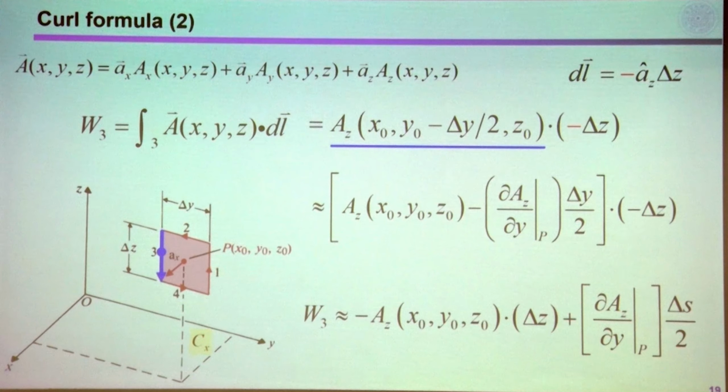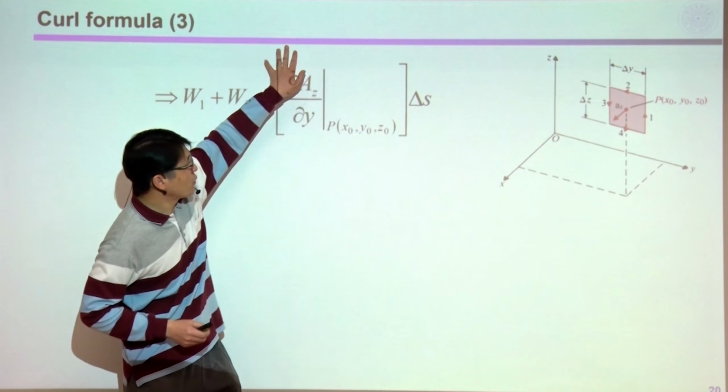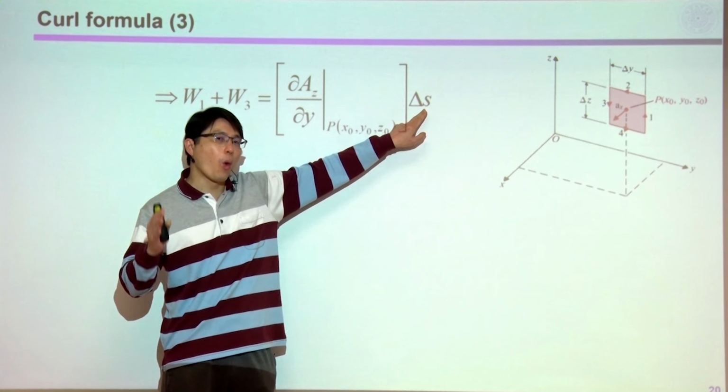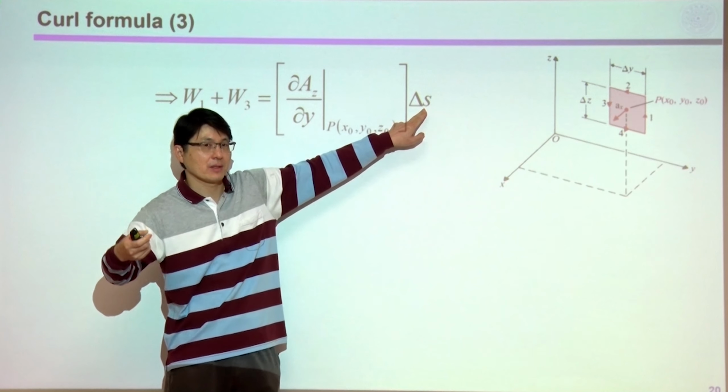So this is a point where you have to think. For this to be non-zero, your delta S is of course non-zero, right? You have an area.